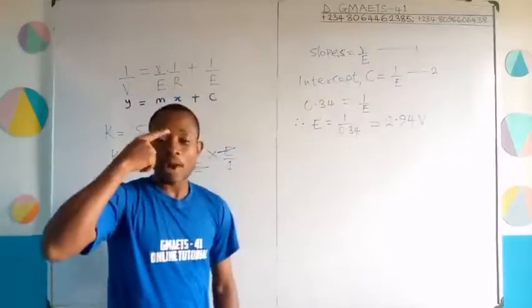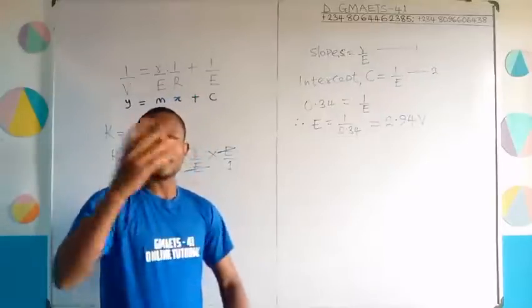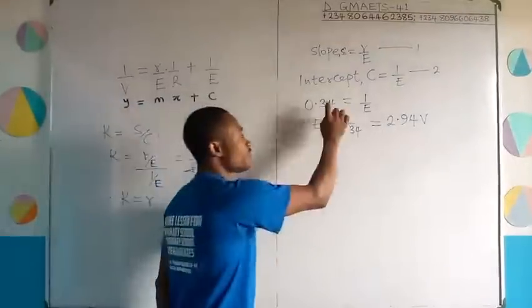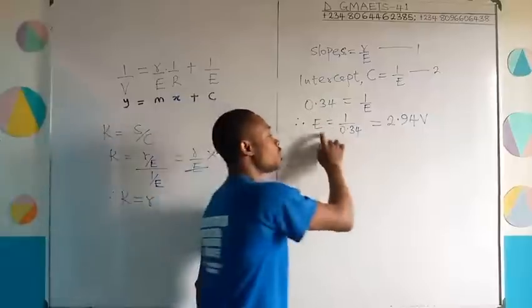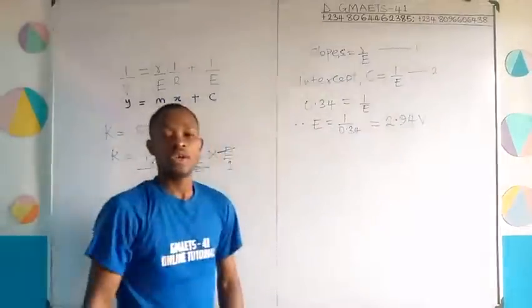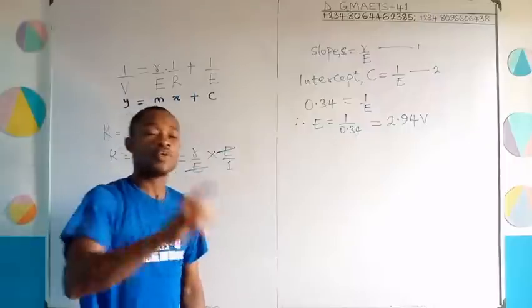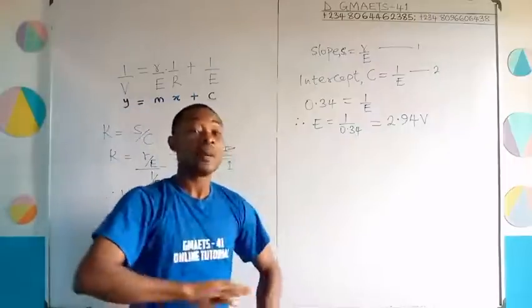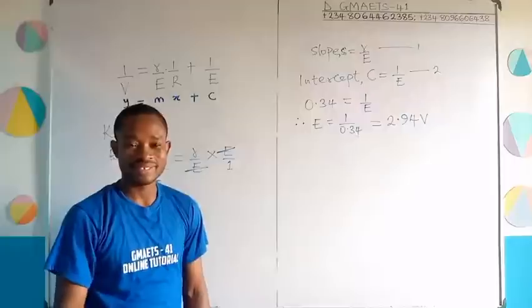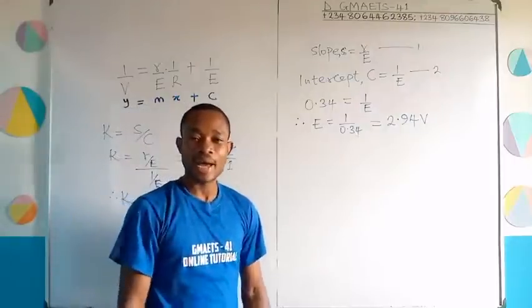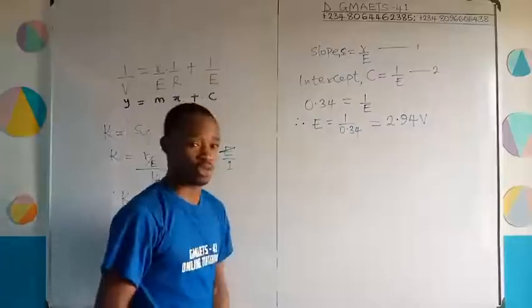After having run the experiment and plotted the graph, you can see that using the value we obtained from the graph for the intercept, the electromotive force gave us 2.94. If I approximate this to one decimal place, you would get 2.9, which agrees with what we measured before we started this experiment. So we are experimentally correct and in line with what is expected theoretically.